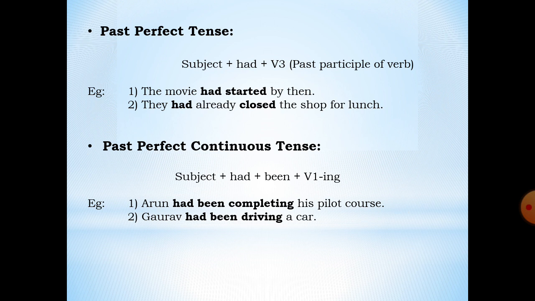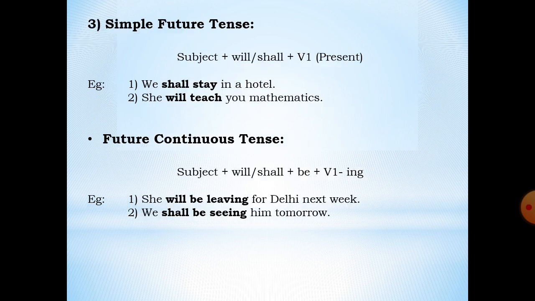Past perfect tense is had and V3, meaning the past participle of the verb, and past perfect continuous tense is had plus been plus verb and ing. So you have to remember these formulas. These formulas will definitely help you to frame and write proper and correct sentences.